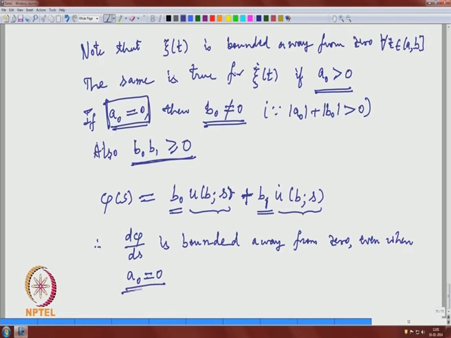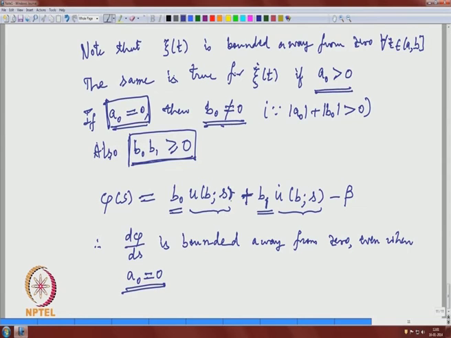So, let me again recall this. If A0 is 0, by our hypothesis B0 is not 0 and B0 and B1 have the same sign. And that is important because there is a beta here, that does not matter. There is a beta there, and when I take derivative with respect to s, that beta anyhow goes away. So, it is important that B0 and B1 have the same sign and B0 is not 0.